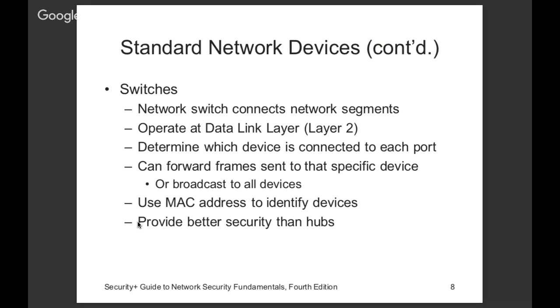So when a switch is used in place of a hub and it sees a foreign IP address, it can actually block it from being used. You can whitelist in a switch that only these IP addresses are allowed. If it sees a foreign one, it doesn't allow it, which you cannot do in a hub scenario.